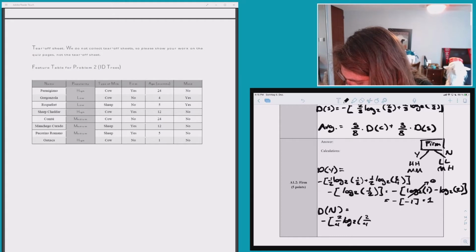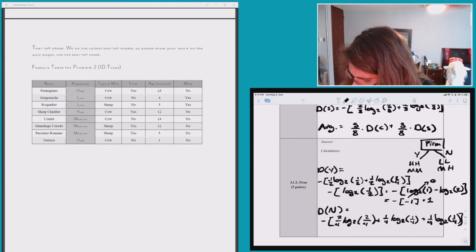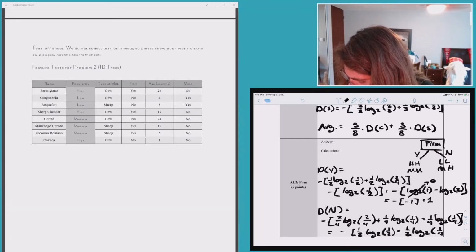I'm thinking about lows first, then 1/4, thinking about medium, log base 2 of 1/4, plus 1/4, high in this case, log base 2 of 1/4, close bracket, which is equal approximately to negative 1/2 log base 2 of 1/2 plus 1/2, because I have 2 equal terms, log base 2 of 1/4.